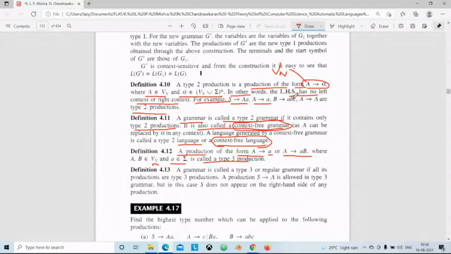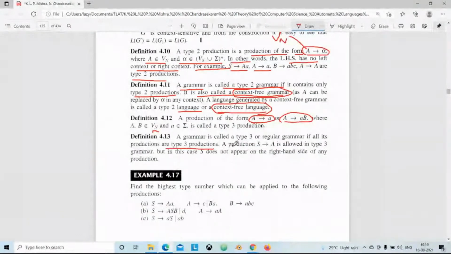So if you can have these two sorts of productions in your set, it can be called type 3 production. One is this one, another one is this one. A grammar is called type 3 or regular if all its productions are type 3. A production S implies empty is allowed in a type 3 grammar.